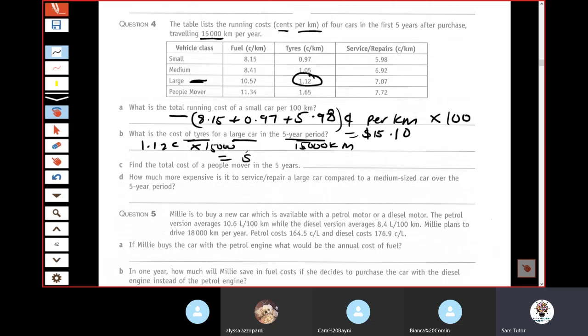Therefore, in dollars, it'll be $168. Just double check that: I divide it by 100 because it's in cents, to get it to dollars. Yep, all good.